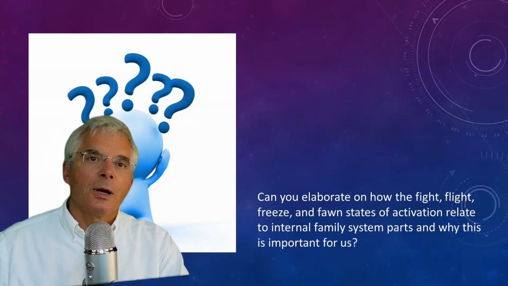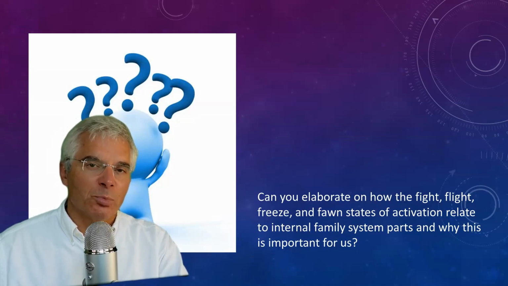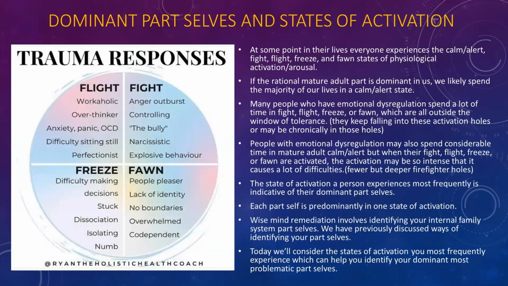Can you elaborate on how the fight, flight, freeze, and fawn states of activation relate to internal family systems parts and why this is important for us? Sometimes a person's personality is dominated by a particular state of activation, which could be fight, in which case that person finds themselves often becoming angry, flight, in which the person experiences a lot of anxiety, fawn, in which the person finds themselves trying to appease others, or freeze, in which the person is often depressed or dissociated.